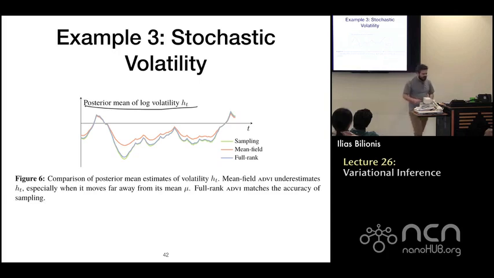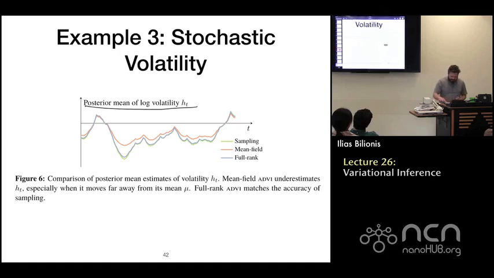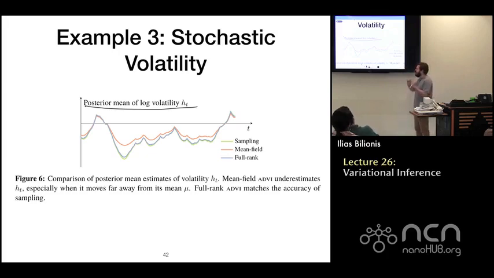But here what you see is the posterior mean of the volatility found in three different ways. The sampling approach, which I'm not sure exactly what they do, to tell the truth, but they definitely don't do standard Metropolis because that would not work. They probably do a more tailored variant of MCMC. Then the mean field approximation and the full rank approximation, which basically nails it.